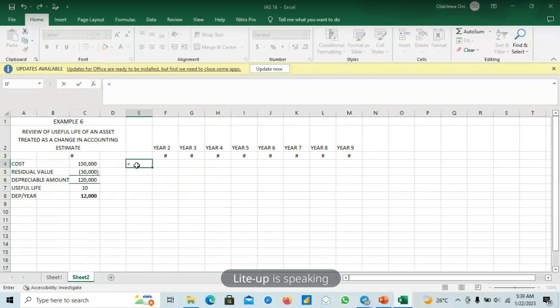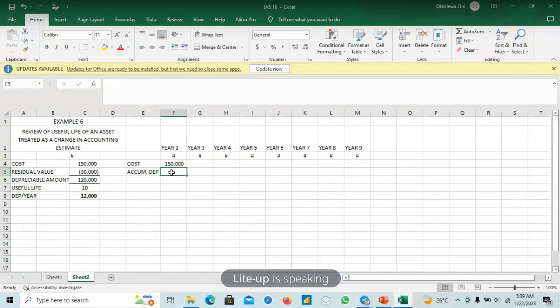In the first year, the cost is 150,000, and then the depreciation, which is going to be accumulated depreciation, will be 12,000 naira in the first year.